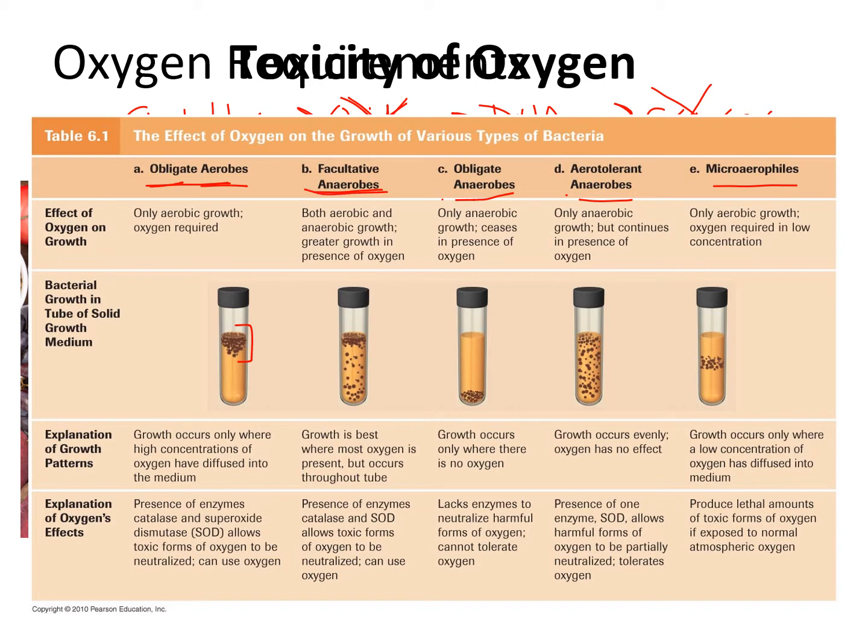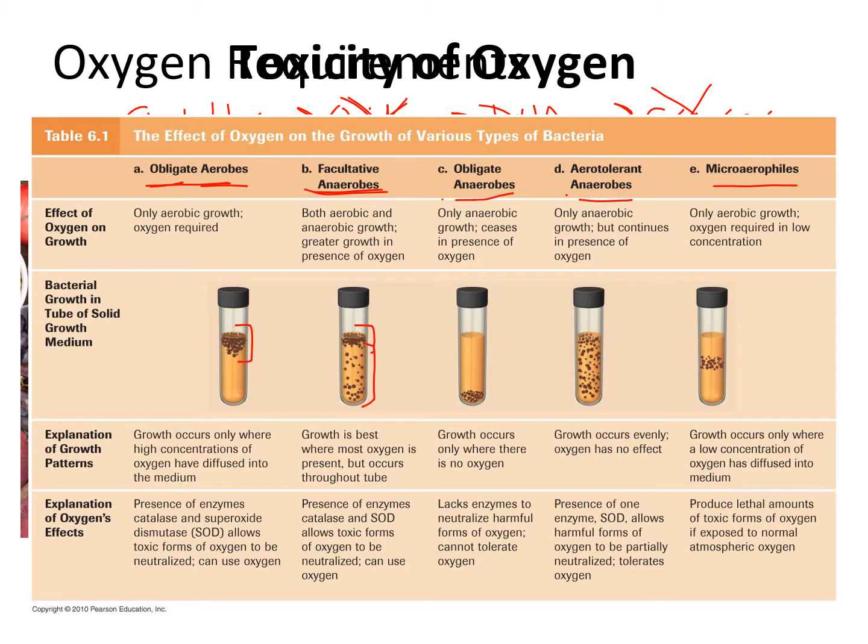Facultative anaerobes. These are organisms that can perform aerobic respiration and fermentation. So when they are grown in an aerobic environment, they can grow well. When they are grown in an anaerobic environment, they can also grow.